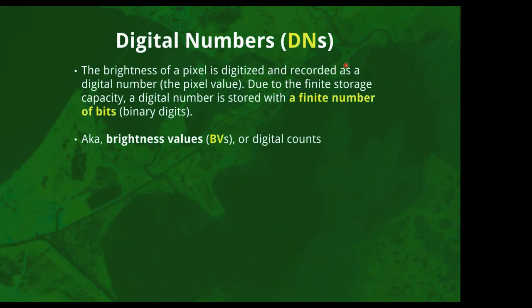However, in remote sensing, more commonly you will see people using the terms digital numbers, DNs, or brightness values, BVs, as opposed to pixel values, because these 2 terms are better at describing the image properties. So just make sure when people say digital numbers or brightness values, you know they're talking about the actual, individual pixel values of your image.